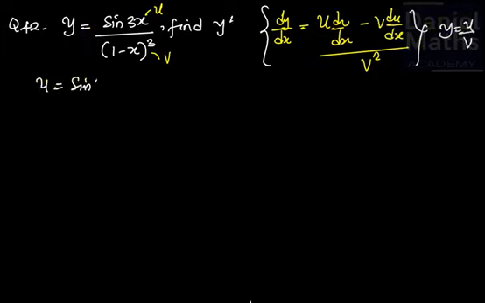Therefore, du over dx is equal to 3 cos 3x.